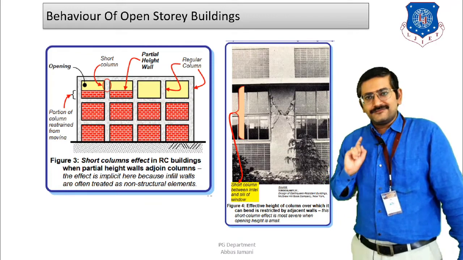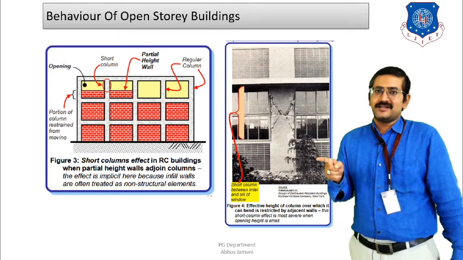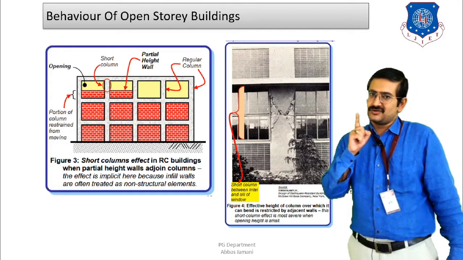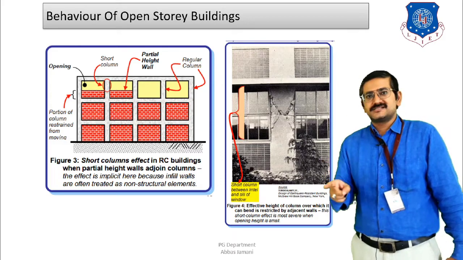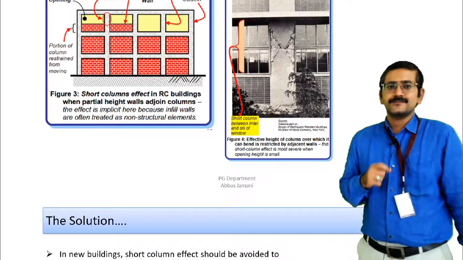So if you take the lintel band through, then the unsupported length in that direction is reduced, and as a result the stiffness increases, and due to this increase in stiffness, the short column effect is likely to be introduced in the building, right?